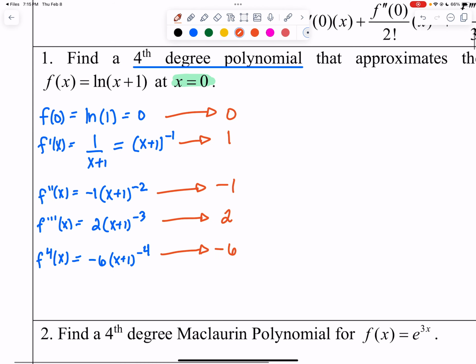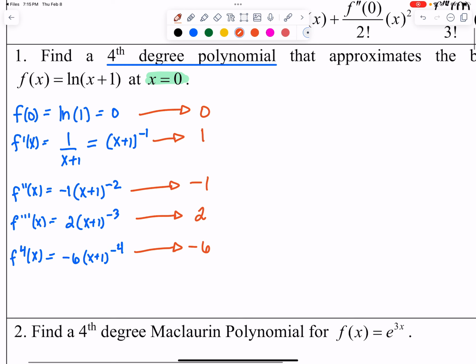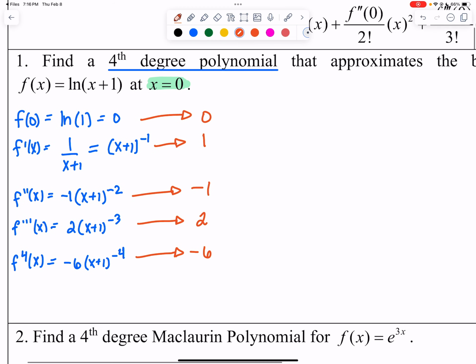All right, so to write my Maclaurin polynomial, since my center is at x equals 0, I'm going to have my function at 0, which is 0. Then my next term is going to be my first derivative, in this case 1, and then I have x. My next term is my second derivative, which is minus 1 times x squared over 2 factorial.